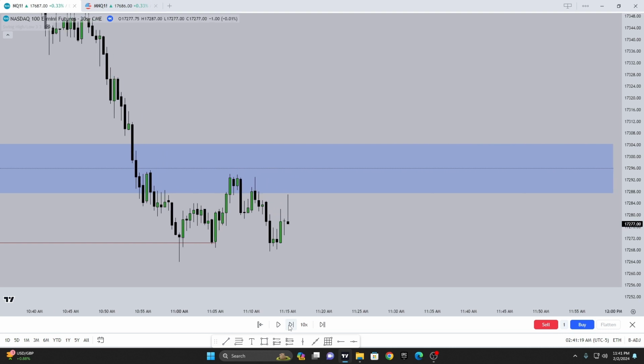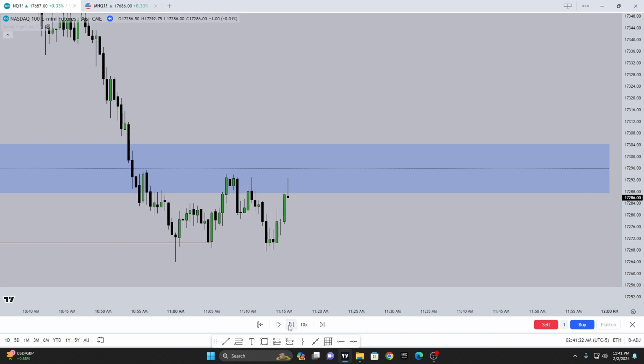And I typically like to wait till 10:30 to cut off my trades or look for trades personally. Some people stop at 8:30 for the New York session. Anyways, we have a fair value gap right here.